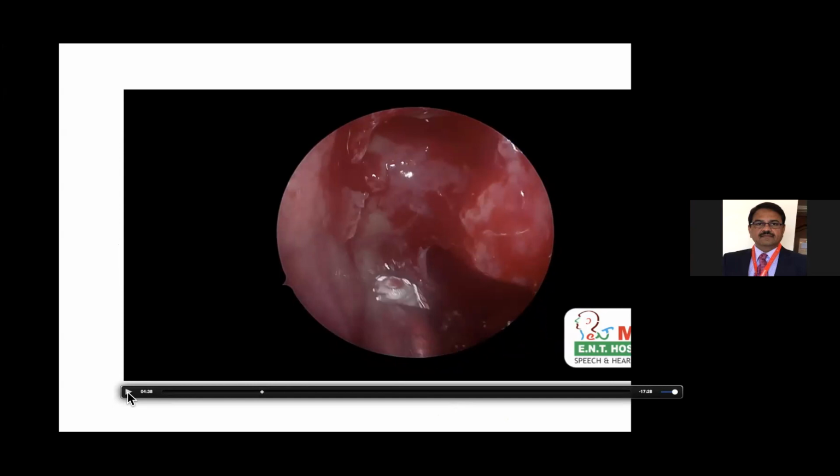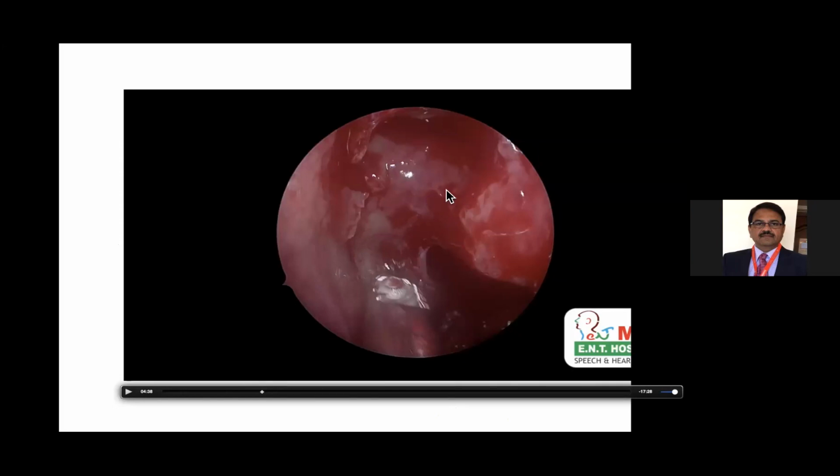Once we have done the bulla, now we have the ground lamella. You can see the ground lamella. This is in continuation with the middle turbinate, going on to the lamina papyracea. This is the middle turbinate. This is a sheet of bone with mucosa going on to the lamina.